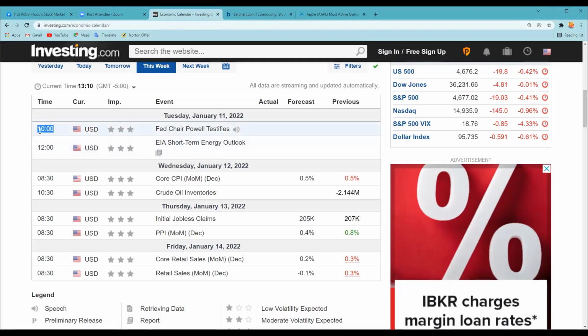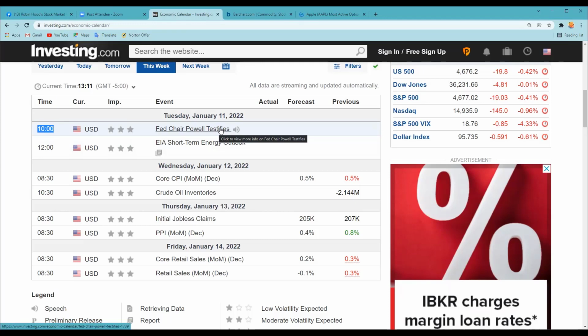But Tuesday, so 10 o'clock. In Eastern time zone, the stock market opens at 9:30 in the morning. So looking at this, obviously the Federal Reserve chair Jerome Powell is going to speak 30 minutes after the stock market opens, and so he usually has a pretty big influence in the stock market.